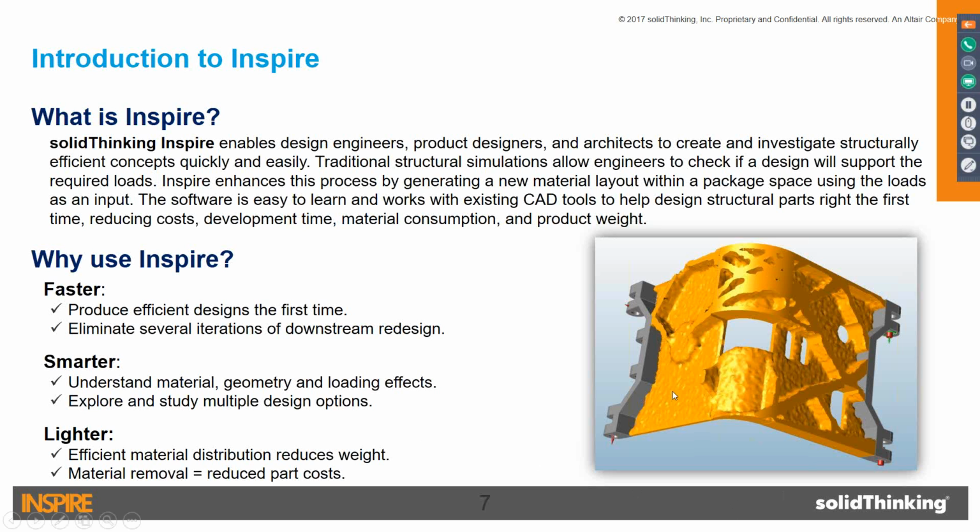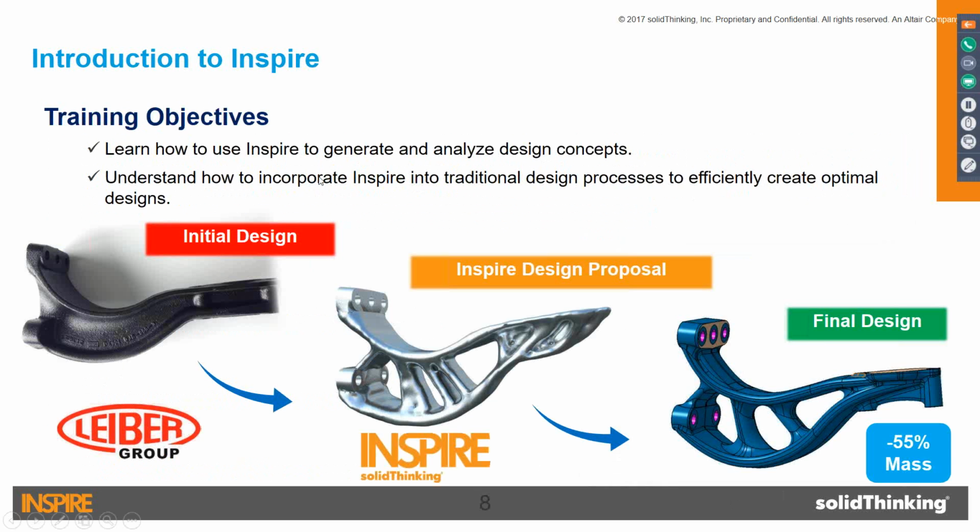So Inspire designs parts like this, or helps you understand the way a part should look. The typical design process is to take an initial design. This could be a part that is currently being manufactured or has been prototyped, or an initial design that's strictly digital and not yet at the manufacturing stage.